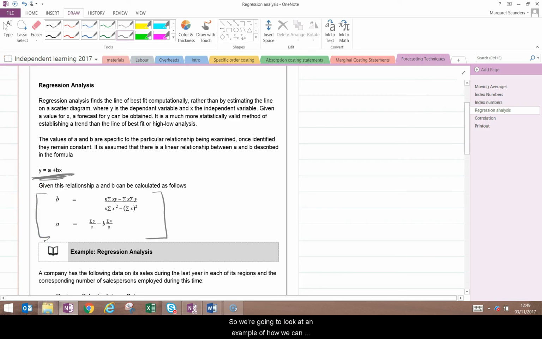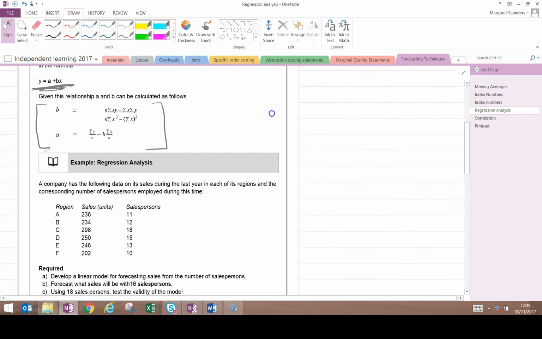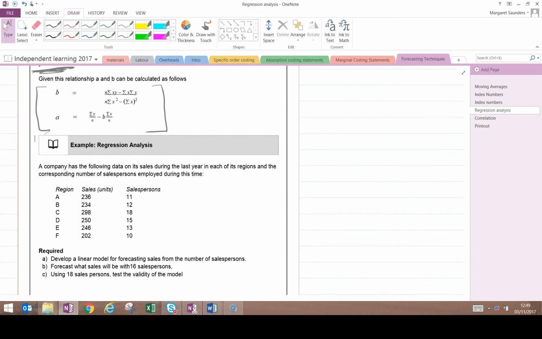So we're going to look at an example of how we can calculate the values of a and b and how we can then use this information for forecasting. A company has the following data on its sales during the last year in each of its regions, and it's also told us the corresponding number of salespersons employed during this time.